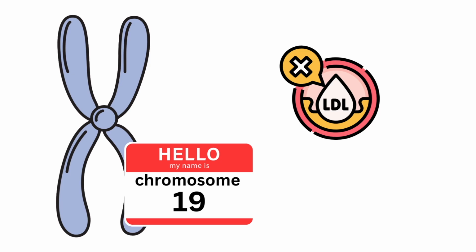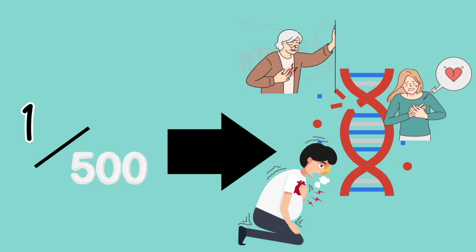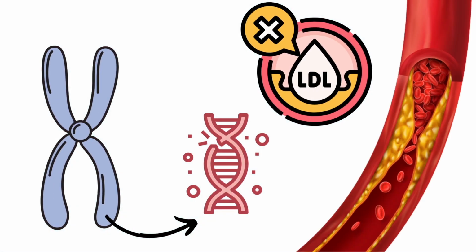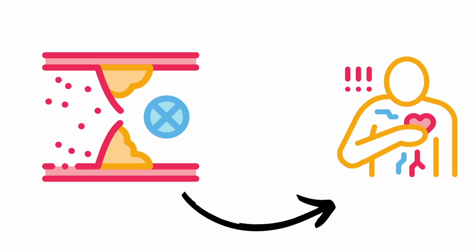It encodes information for a protein known as the LDL receptor, which is in charge of removing LDL from the blood. 1 in every 500 people possesses the mutant gene responsible for familial hypercholesterolemia. The gene mutation in the LDL receptor causes the LDL to build up in the arteries. As mentioned, LDL blockage in the arteries causes the heart attacks that come with FH.